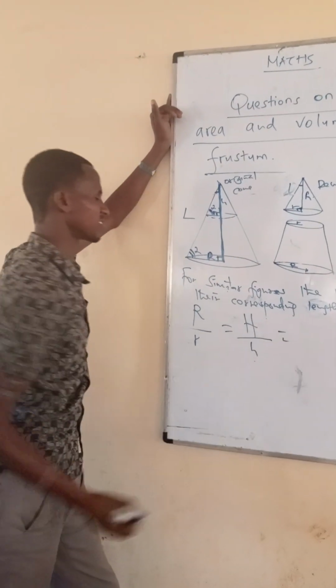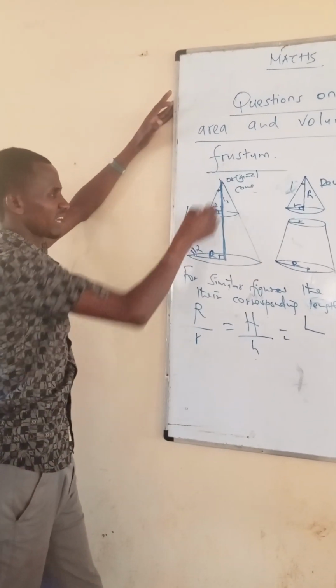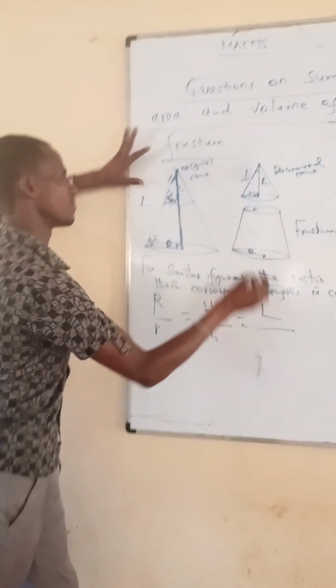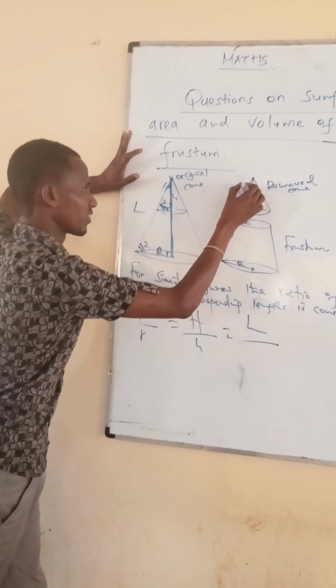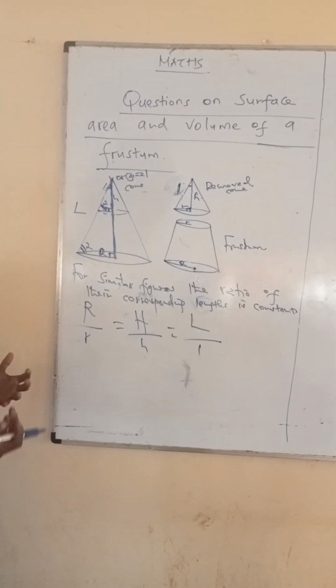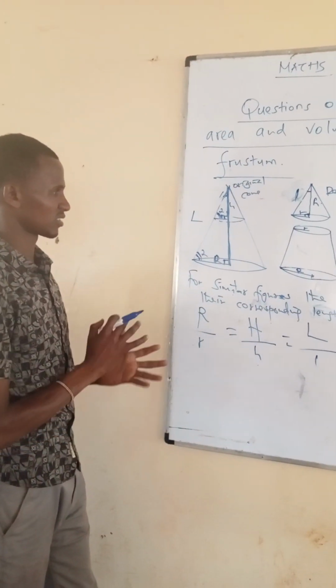That will give you the same figure as if you divide the slanting length of the bigger cone by the slanting length of the smaller cone. So all of them will give us the same value. So that is very important.